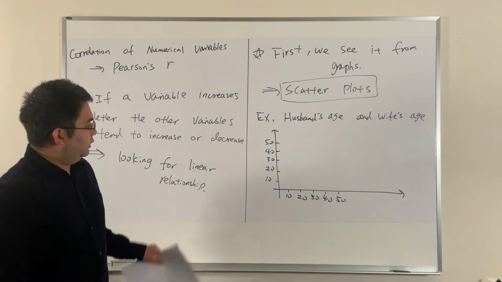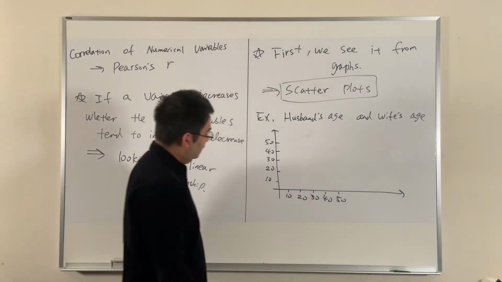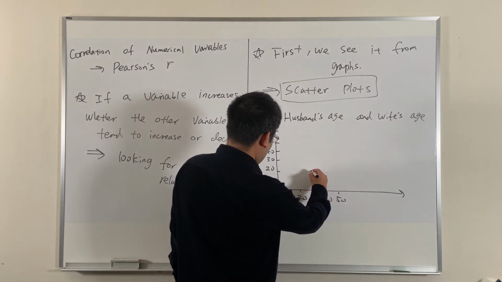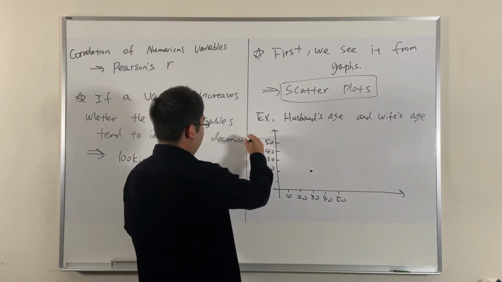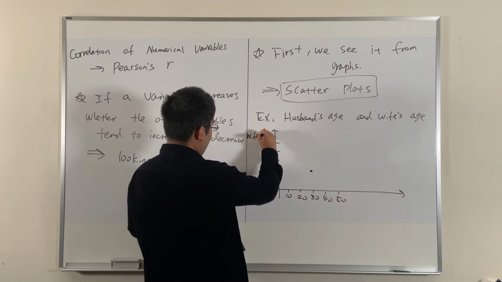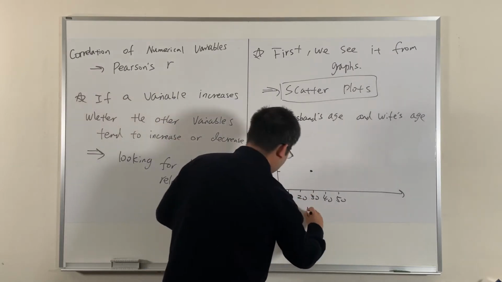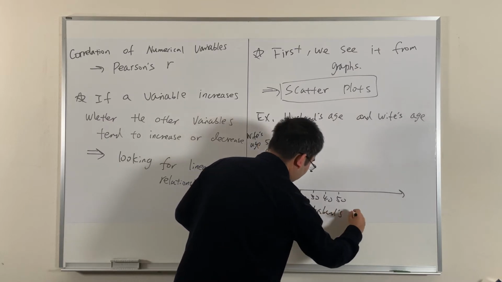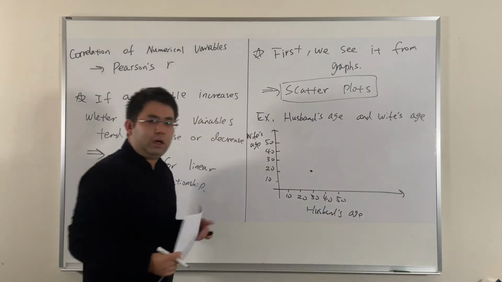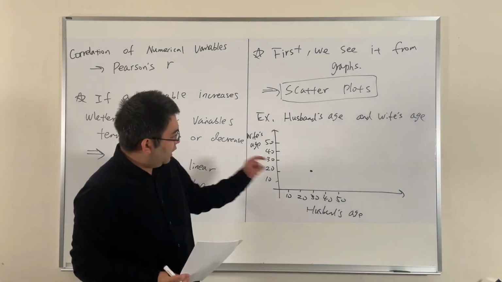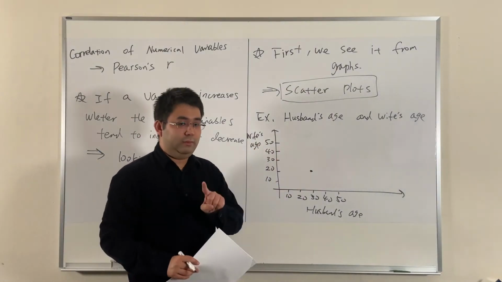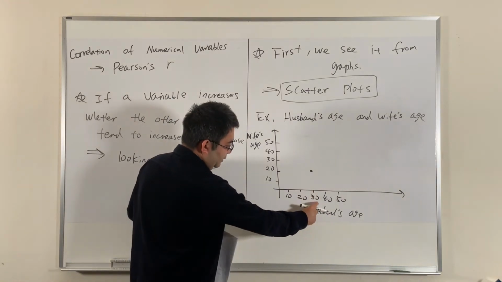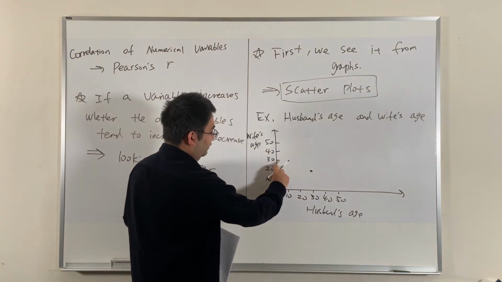So let me put a dot here. Let's say 30 and 25 here. Let me say this is wife's age, and this is husband's age. What does this dot represent here? This dot represents one family, and inside this family we get the data for this husband's age, and we get the data for this wife's age.